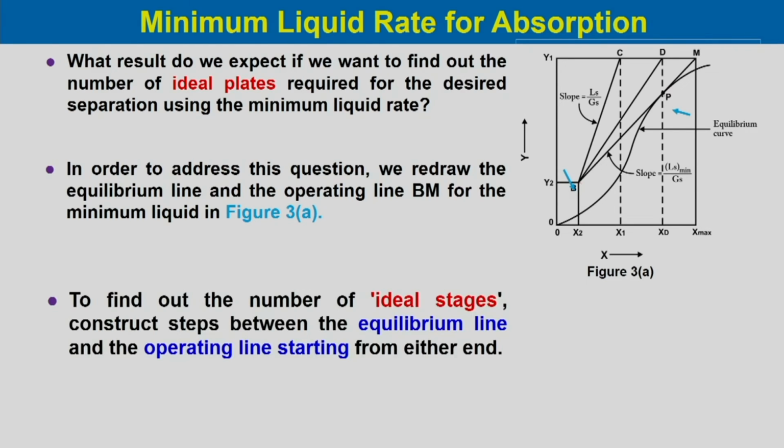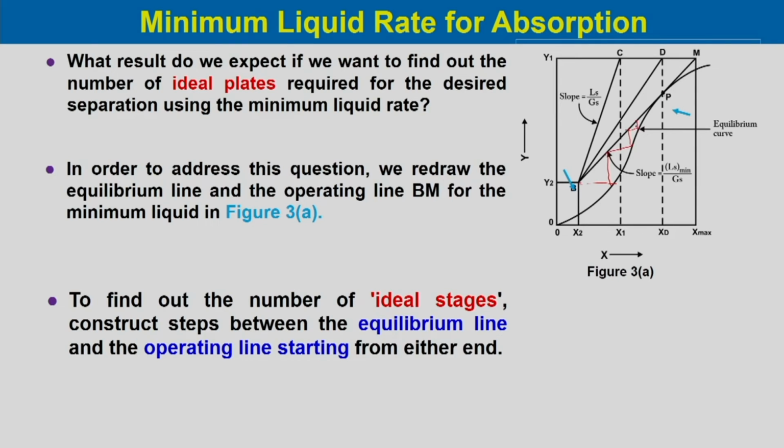To find out the number of ideal stages, construct the steps between the equilibrium line and the operating line starting from either end. So, you can start from this position or you can start from any other position.